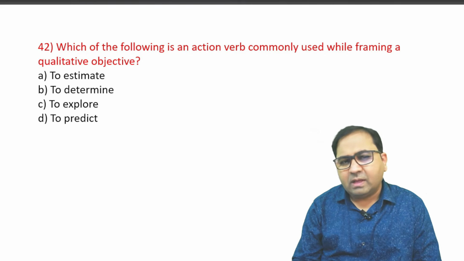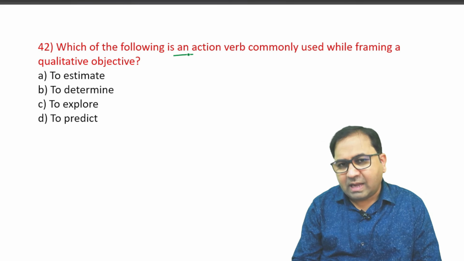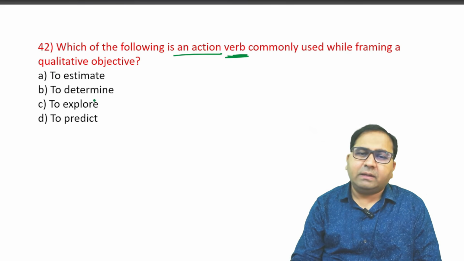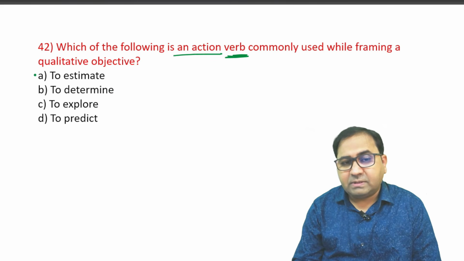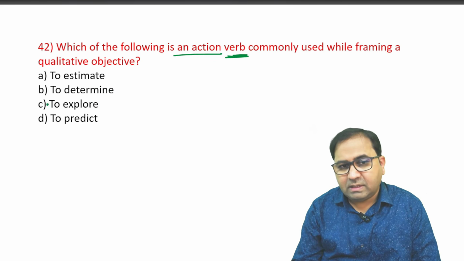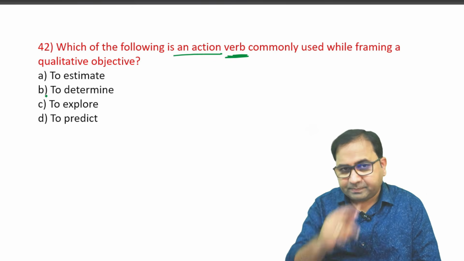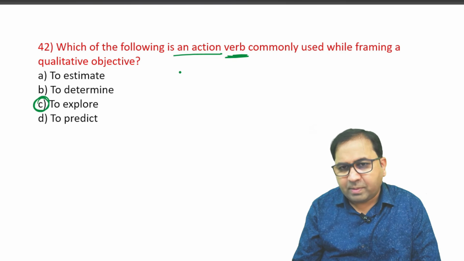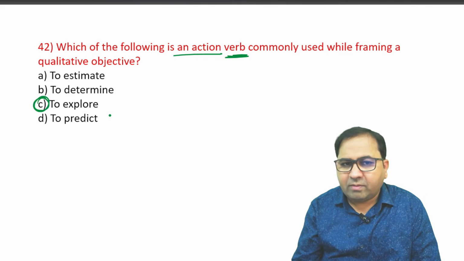Next question. Which of the following is an action verb commonly used while framing a qualitative objective? Options are A, to estimate, B, to determine, C, to explore, or D, to predict. The answer for this question is option number C, to explore. To explore is an action verb commonly used while framing a qualitative objective.